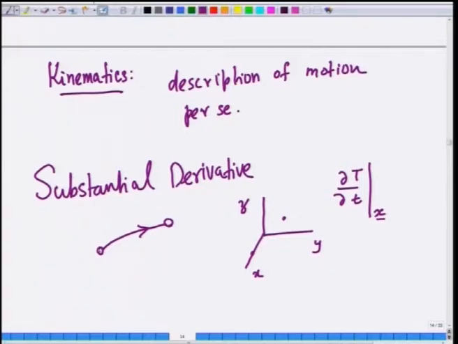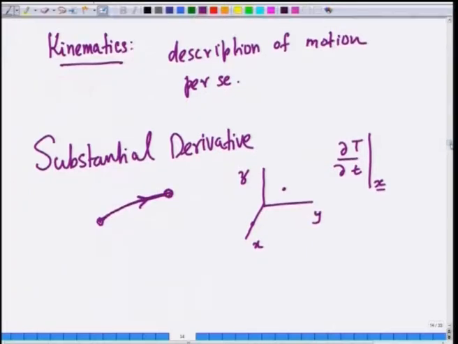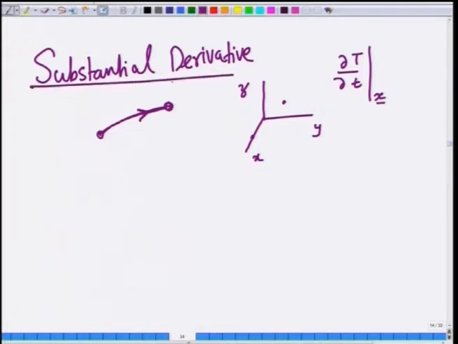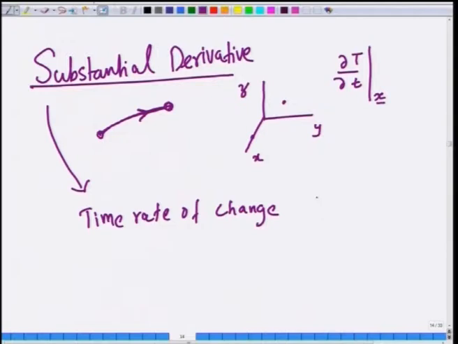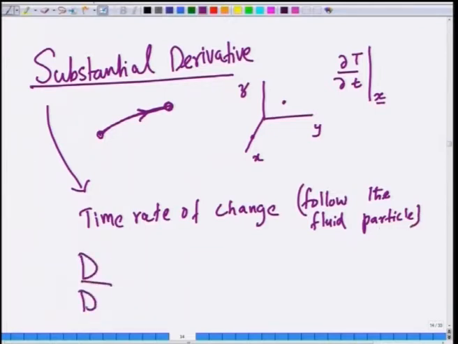But often we want to address the question as to what is the rate of change of temperature or any other quantity as you follow the motion of a fluid particle. That is given by the substantial derivative. So, this is the time rate of change of any quantity following the fluid particle, essentially denoted by this capital D symbol.